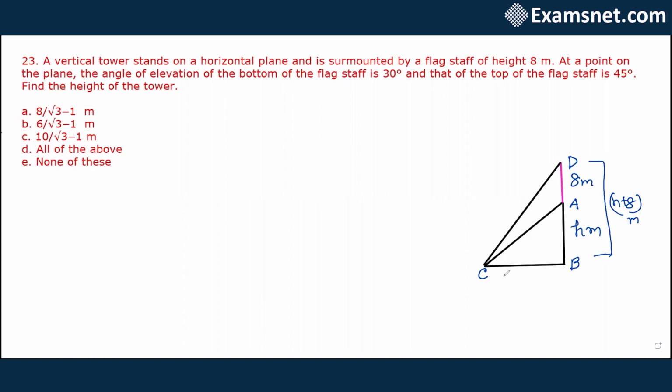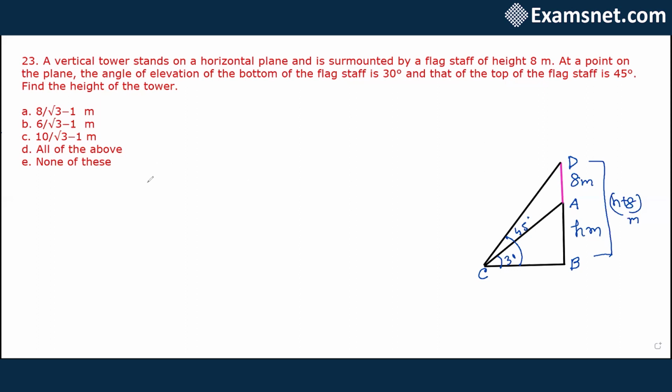Next, there is a point on the ground at some distance from the foot of the tower, and from that point the angle of elevation of the bottom of the flagstaff is 30 degree, and of the top of the flagstaff is 45 degree. And here we are required to find the height of the tower.